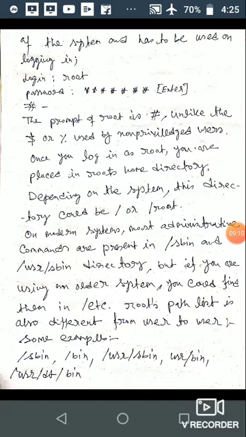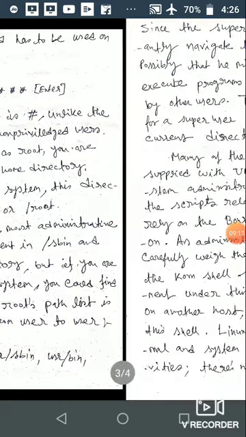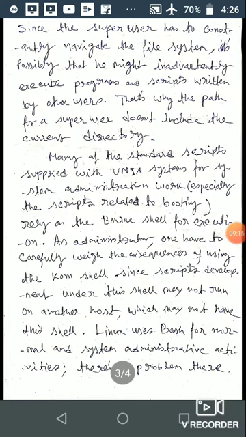Now let us move to the next page. Since the super user has to constantly navigate the file system, it's possible that he might inadvertently execute programs and scripts written by other users. That's why the path for a super user doesn't include the current directory.